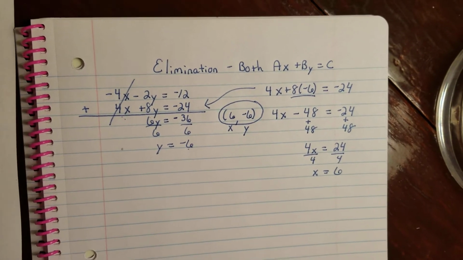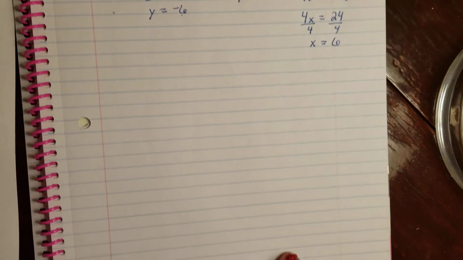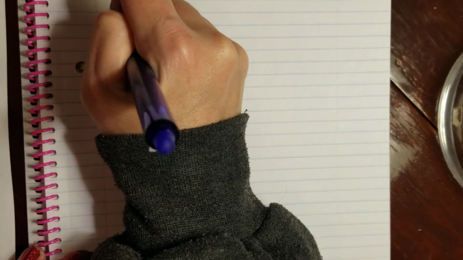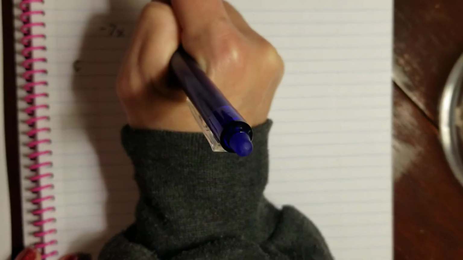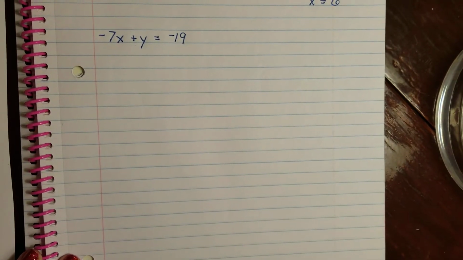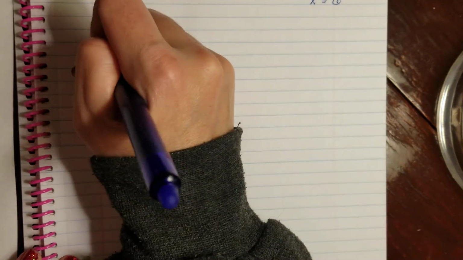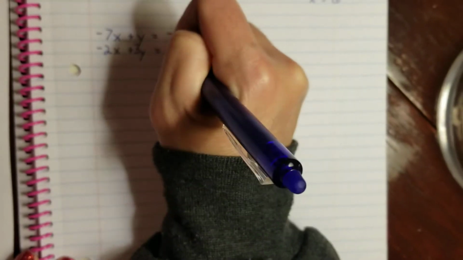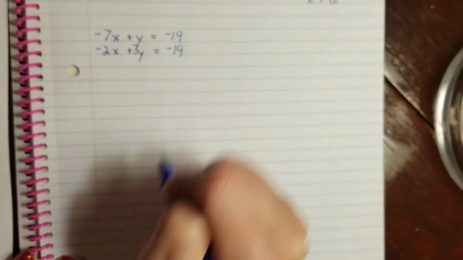Now I want to look at a problem that doesn't easily eliminate like the last one did. Let's say that I've got negative 7x plus y equals negative 19. And I've got negative 2x plus 3y equals negative 19 again.